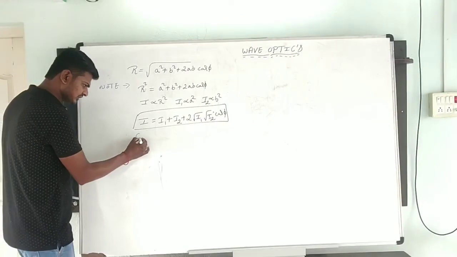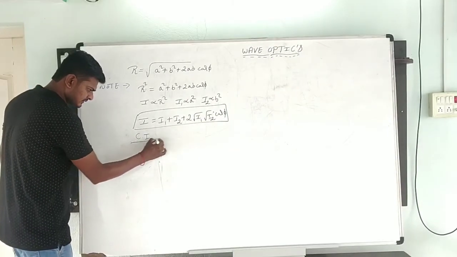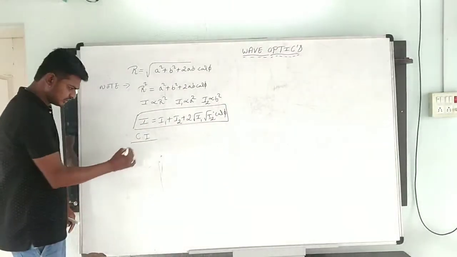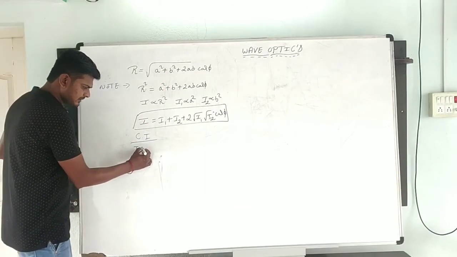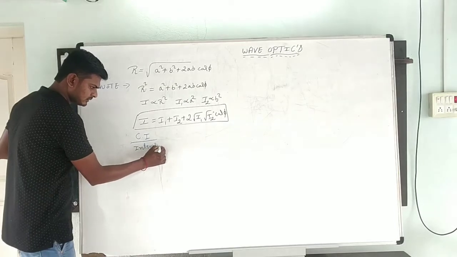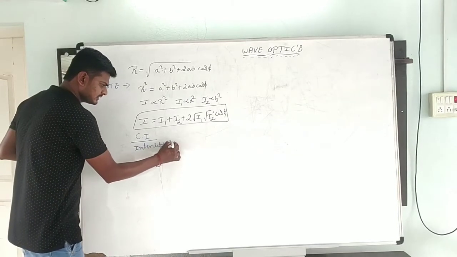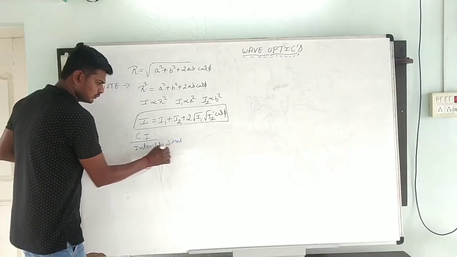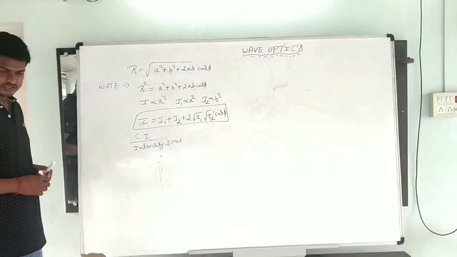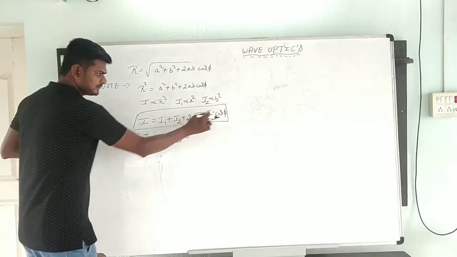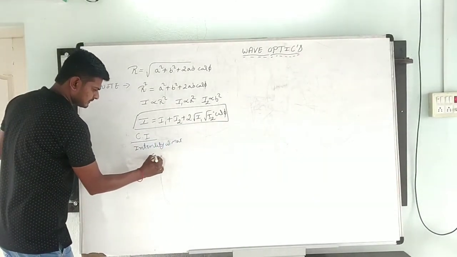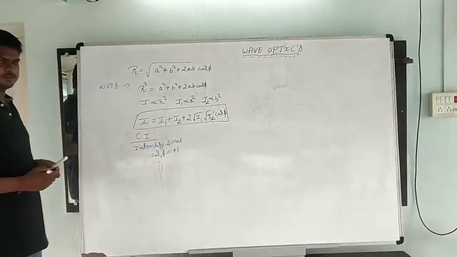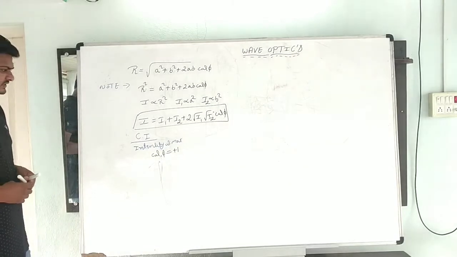Now, constructive interference. For constructive interference, we have to get the maximum intensity. When intensity is maximum, cos phi is plus 1.